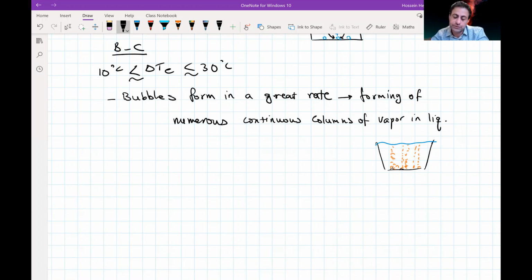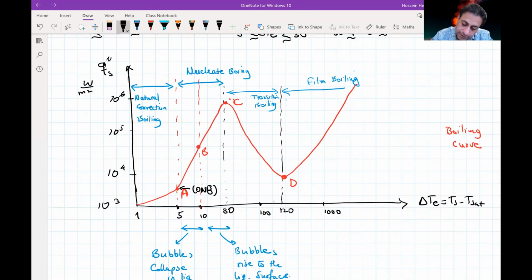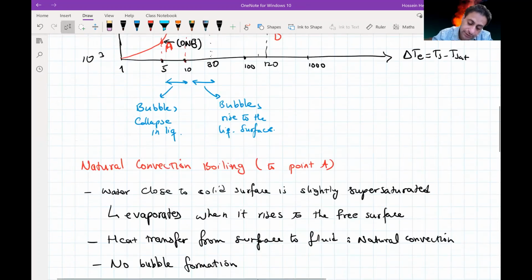That's why we reach a maximum flux at point C. Looking at this curve, the flux keeps increasing as delta T goes up, but when we reach point C, we reach a maximum, q double prime max, that we can reach for a boiling process, at least in the nucleate regime.